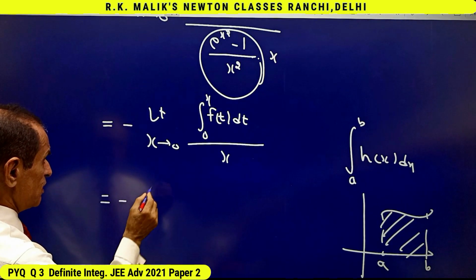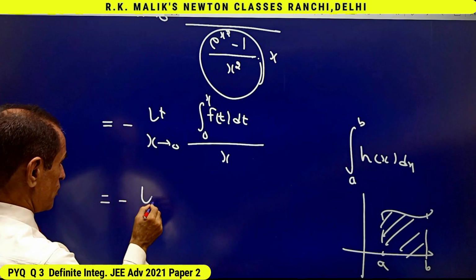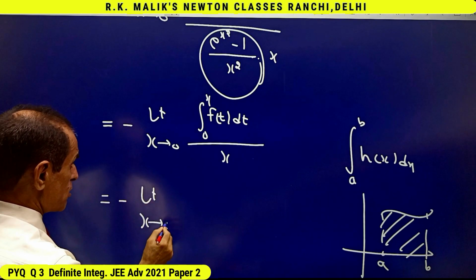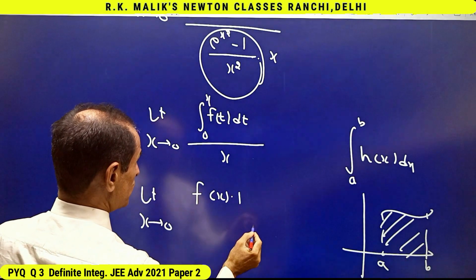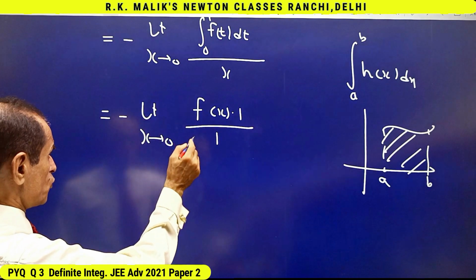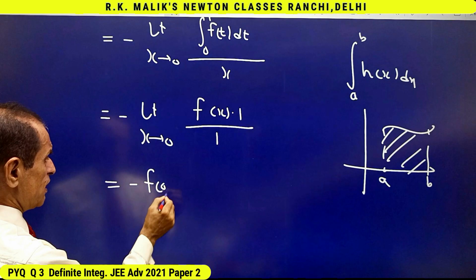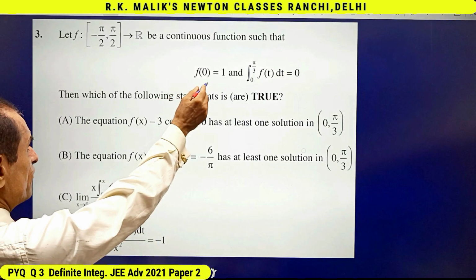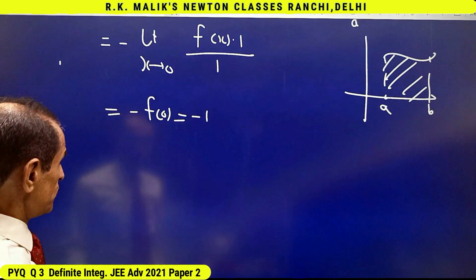Therefore minus, now using L'Hopital's rule, I get f(x) into 1 upon 1, and because the function is continuous as given to you, it is equal to minus f(0), and f(0) is 1, hence I get the answer minus 1.